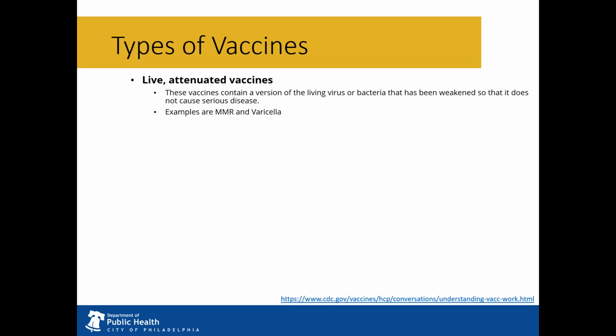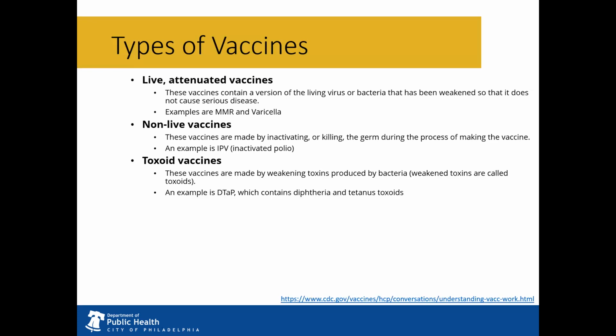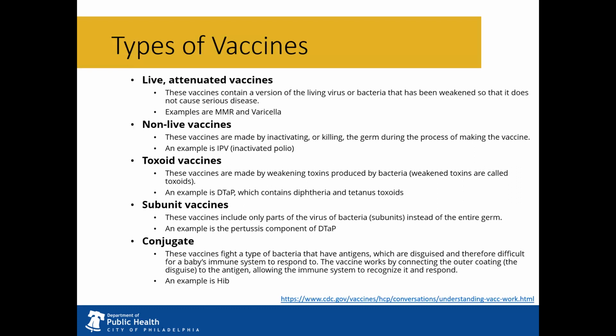I will not go over the rest of the vaccine types in detail, but be aware there are non-live or inactivated vaccines, such as polio, toxoid vaccines, such as the diphtheria and tetanus toxoid components of DTaP, subunit vaccines, such as the pertussis component of DTaP, and conjugate vaccines, such as Hib.